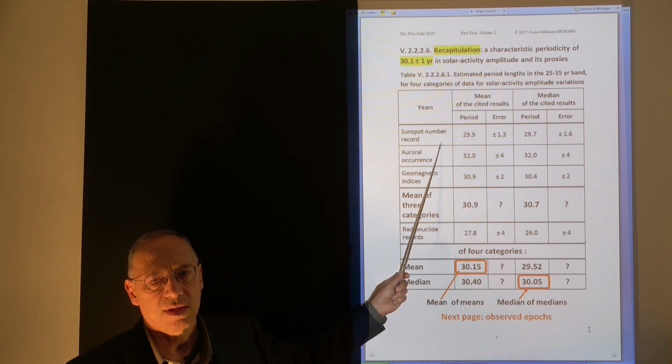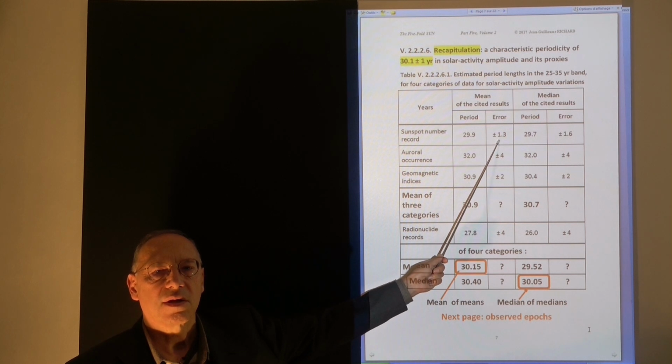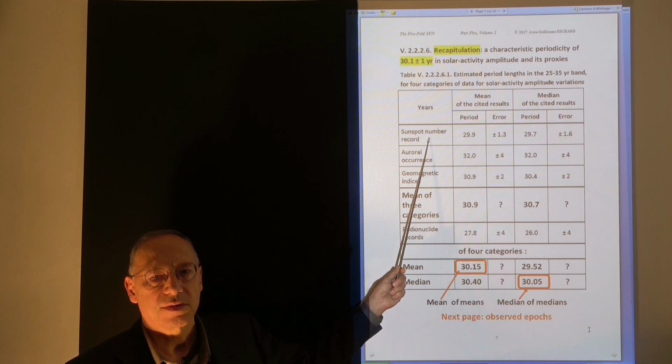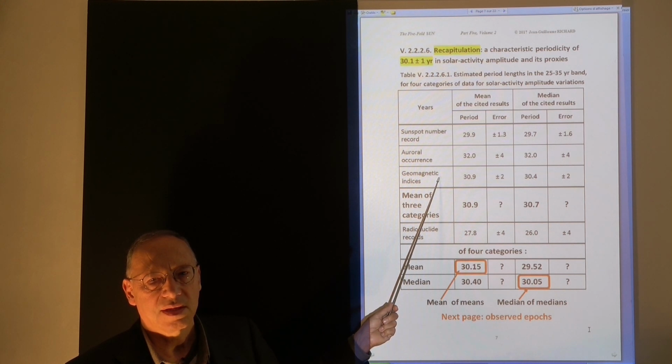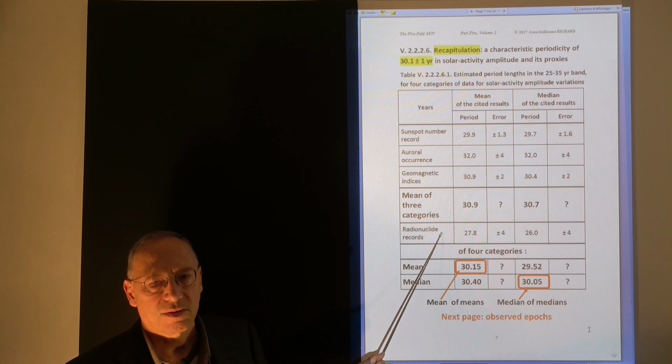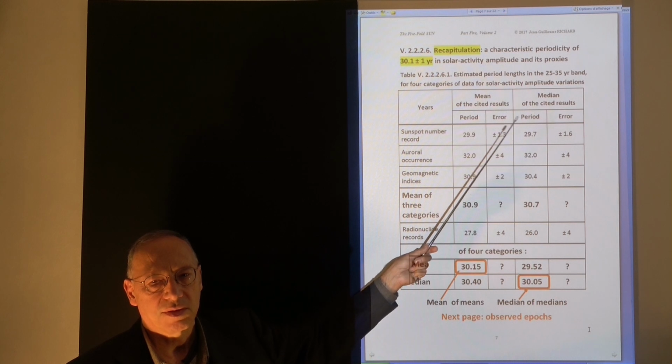You see, we do a sum of the reports for the sunspot number record, separately for auroral occurrence, for geomagnetic indices, and for radionuclide records. We find a mean and a median for each.